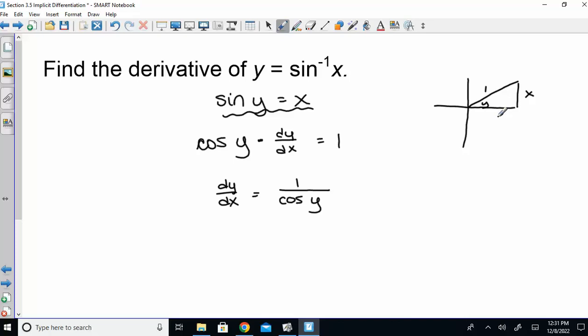How could I find the other side? a squared plus b squared equals c squared. So we get the square root of 1 minus x squared for this last side.